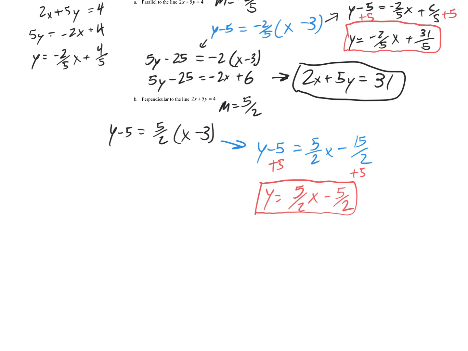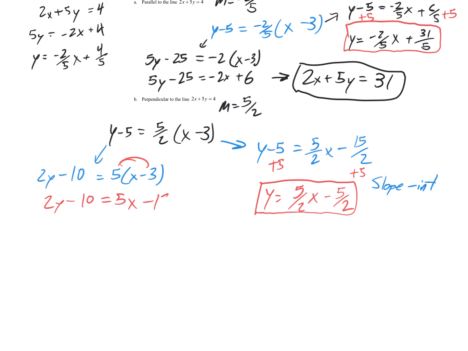Okay, and we can also take our equation the other way into standard form. So we'll multiply this 2 back to this side. So 2y minus 10 equals 5(x minus 3). Let's distribute this 5: 2y minus 10 equals 5x minus 15. And let's rearrange so everything is on the correct side.